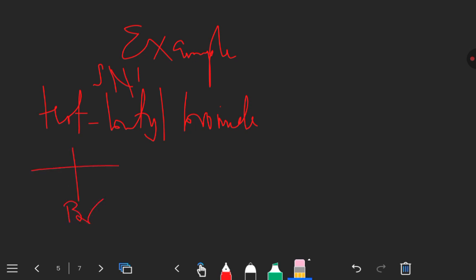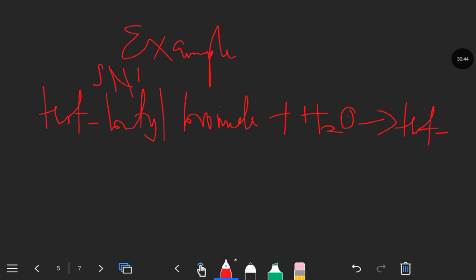So when tert-butyl bromide reacts with something like water, since we are saying that it favors more polar solvents, it will form the product which is tert-butyl alcohol. And this is an SN1 reaction.